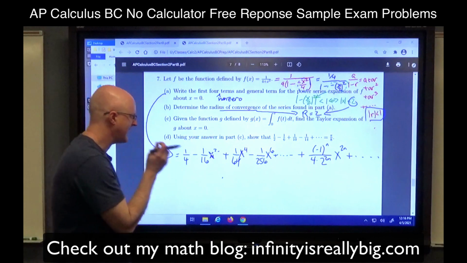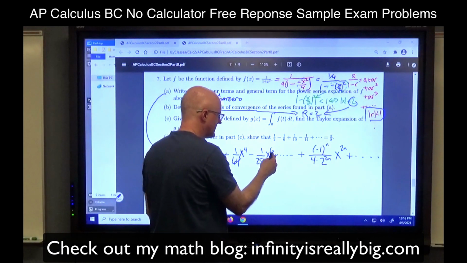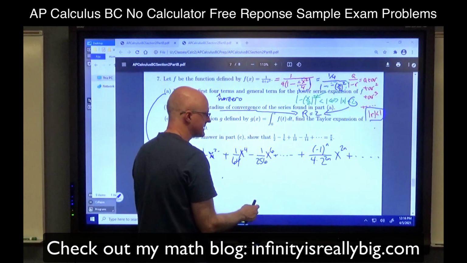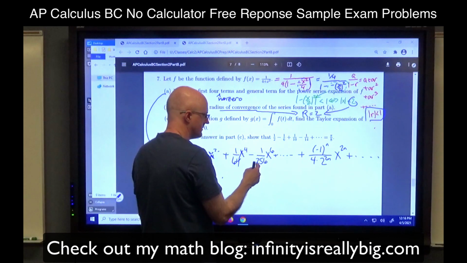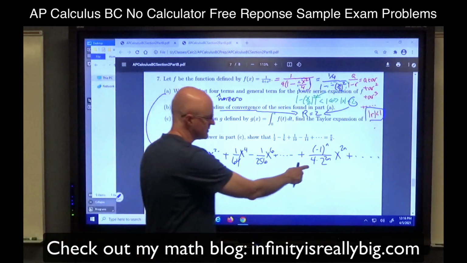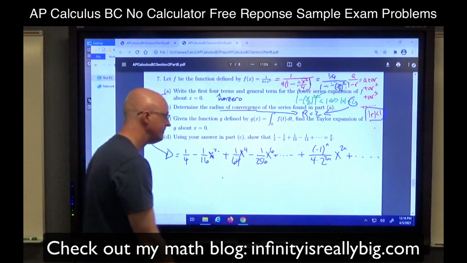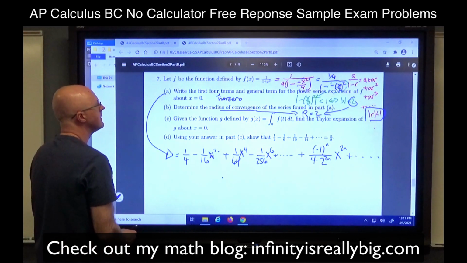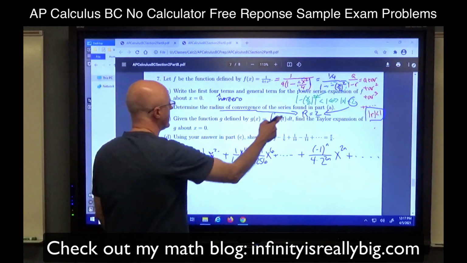Double check that. Like when n is 3, 2n is 6. You get 2 to the 6th power, which is 64 times 4 is 256. Yes, this works. I could also think of 4 as 2 squared and combine those. All right. And the radius of convergence is 2.